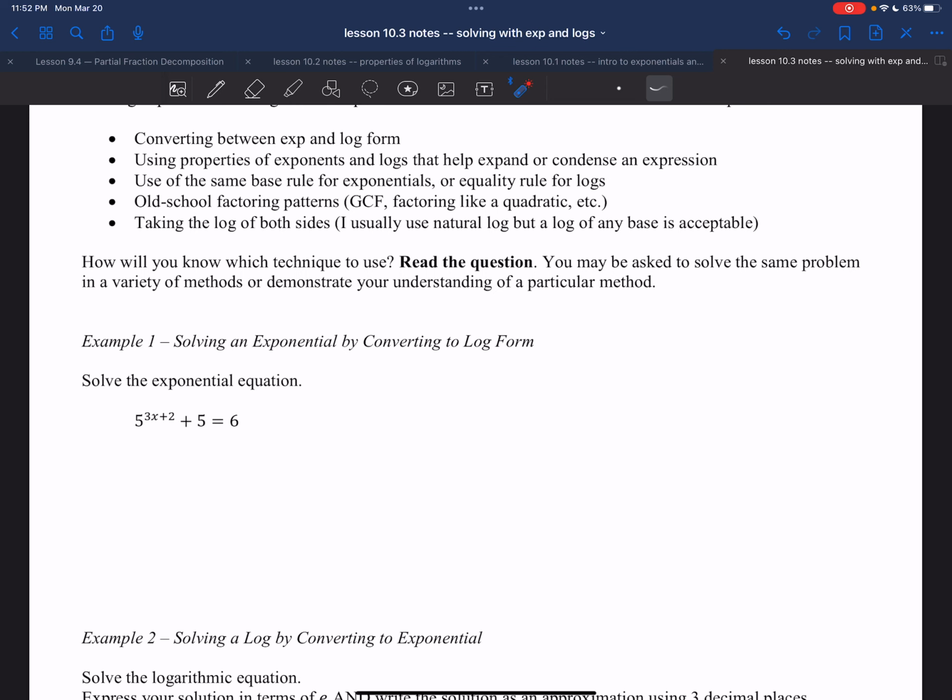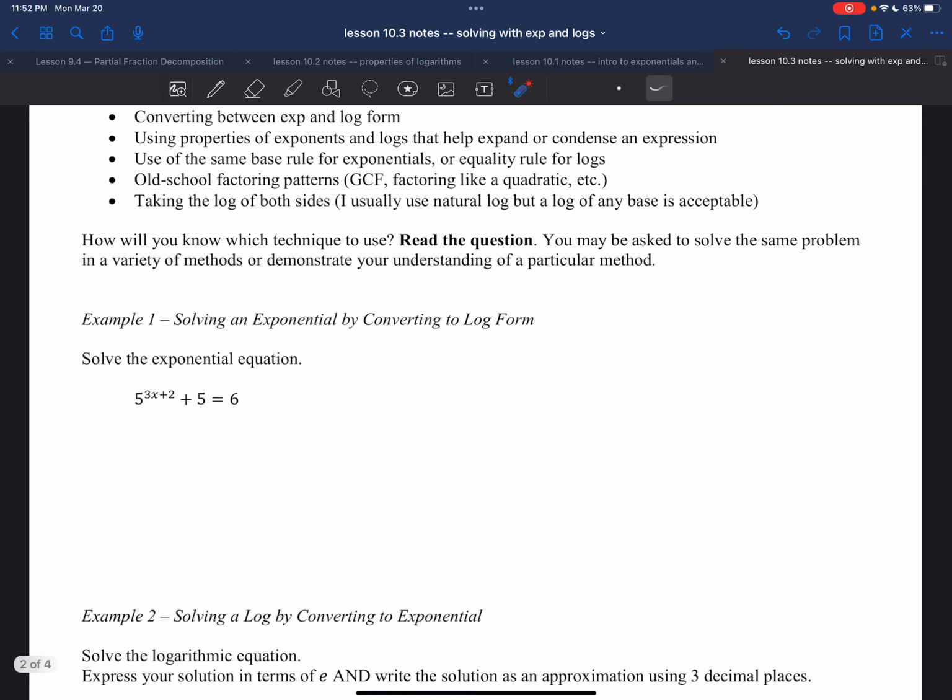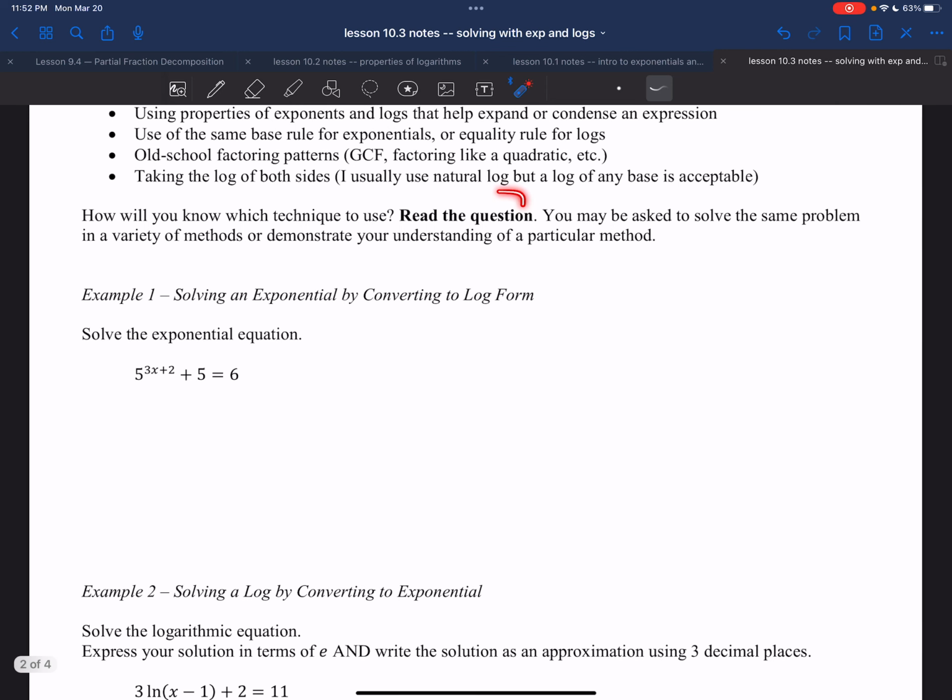Okay? How will you know which one to use? I would read the question. It might give you a hint, or really just carefully look at the equation you're given. Think about what the equation tells you, what information you have, and what techniques you might be able to use to solve. I could ask you to solve a problem in a variety of methods. I might give you the same problem and say, hey, solve it 2 different ways.